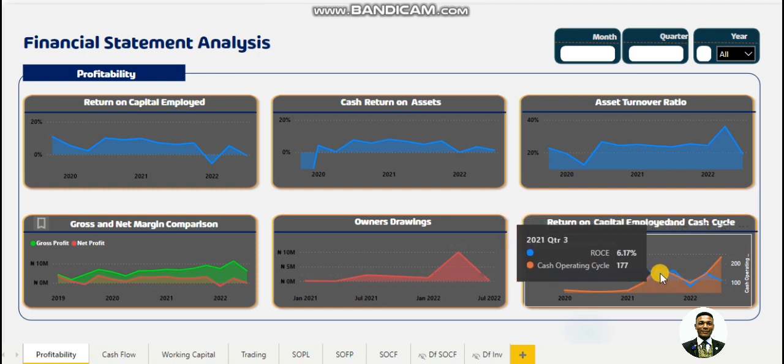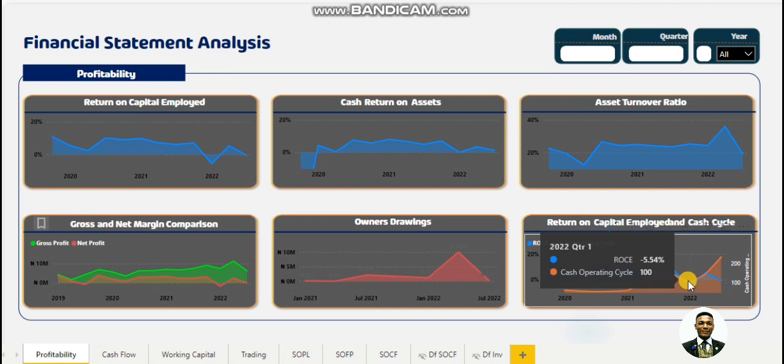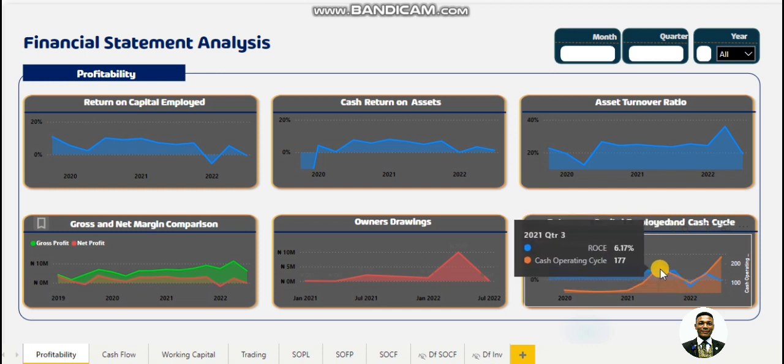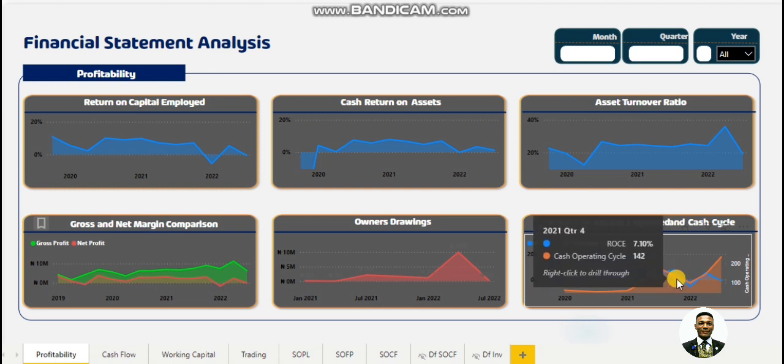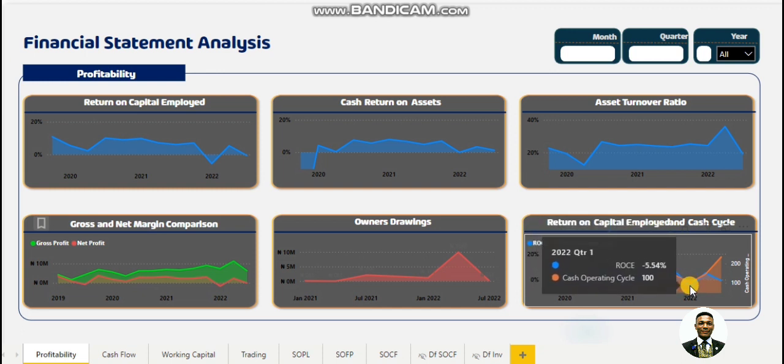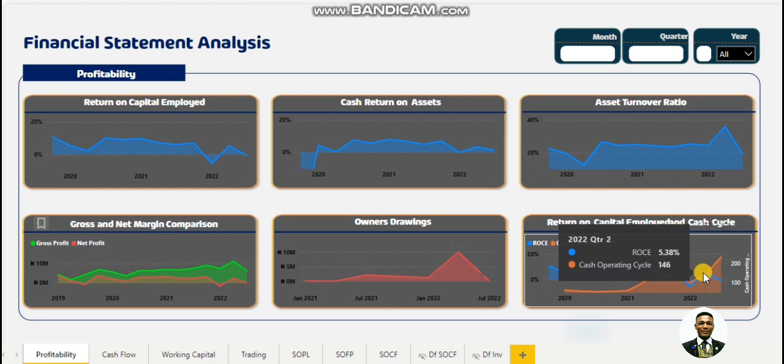Maybe along the line, the business owners were able to manage the activities very well and started to reduce the number of days. Reducing this number of days had a positive impact in that return on capital once again came up.